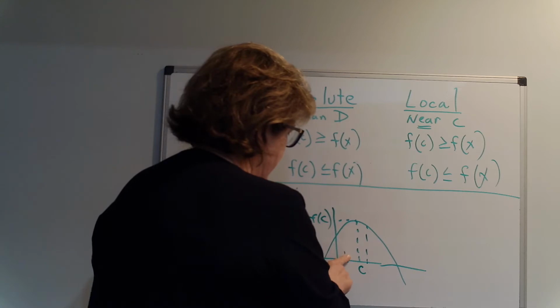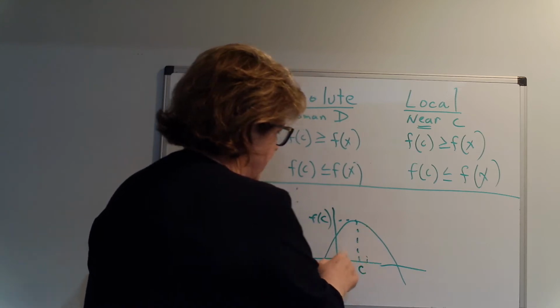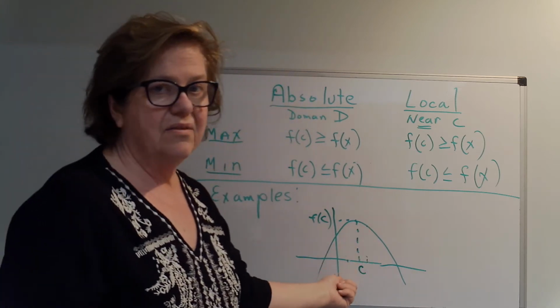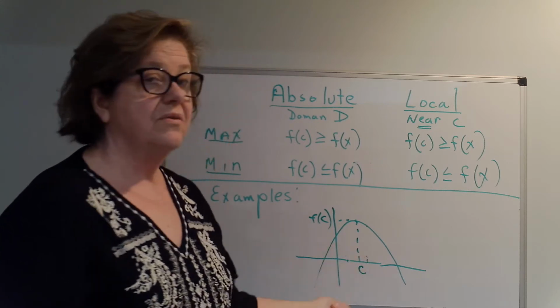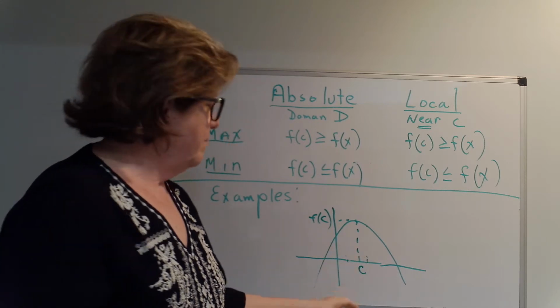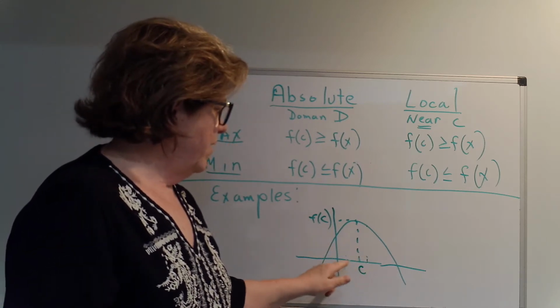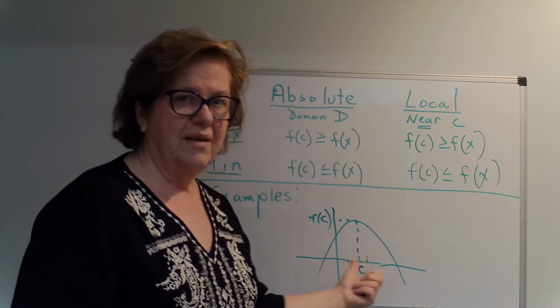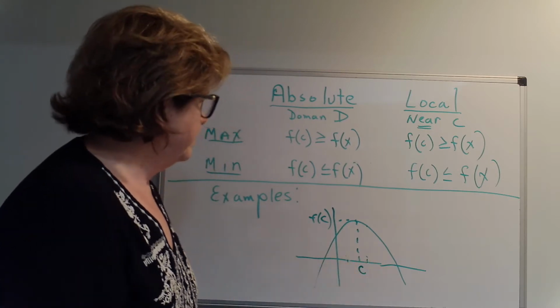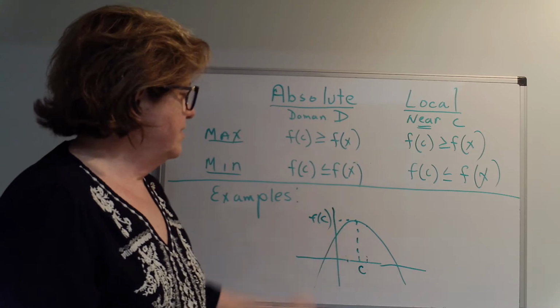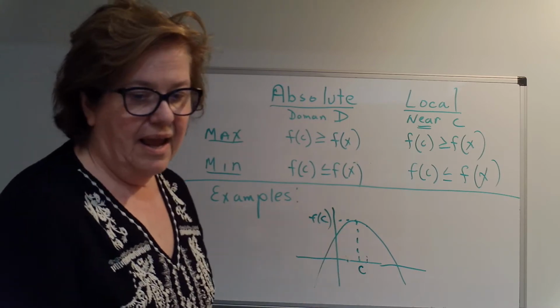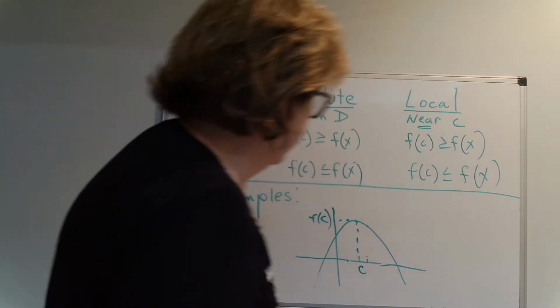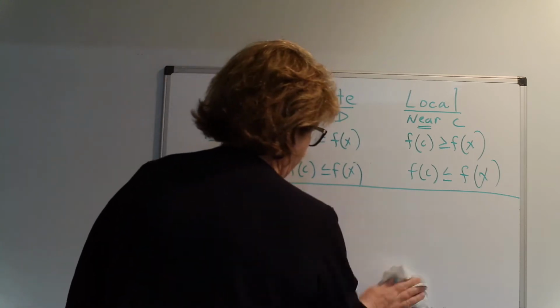So local maximum means we're just talking locally near C, in an open interval around C. That means we have to be able to approach it from the left and the right. So this is an example of an absolute maximum and a local maximum.